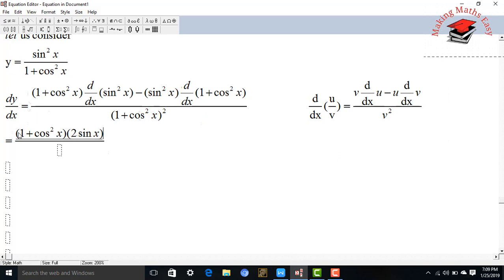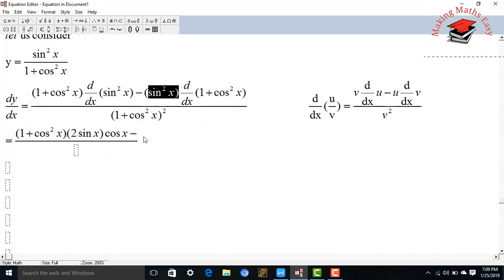So 2 sin x into the derivative of sin x, and the derivative of sin x will be cos x. Then minus sin square x will remain as it is in this case.